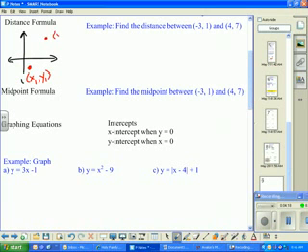And our other ordered pair, x2, y2. And let's say we wanted to know the distance between those 2 points. We can find that by using the distance formula, and we can get the distance formula simply by making this a right triangle.